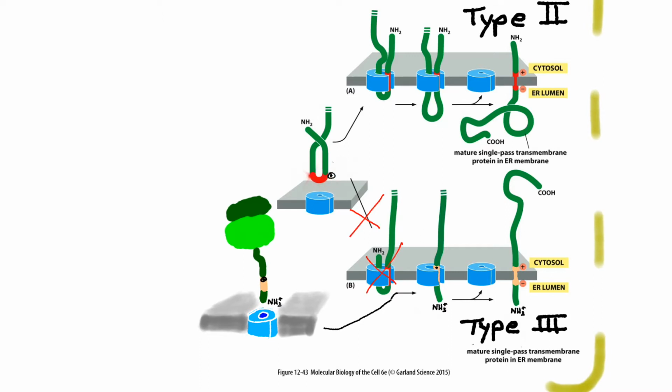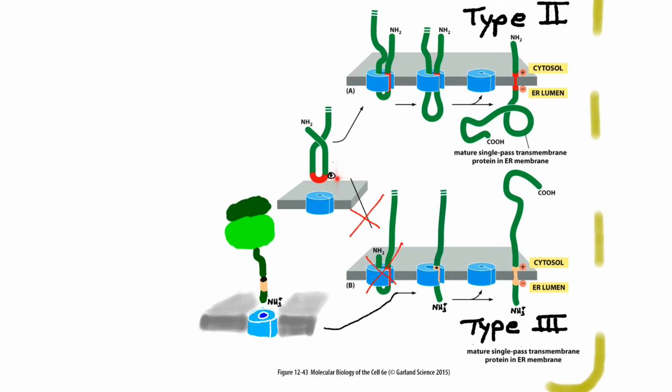But what you're going to have is a signal anchor sequence somewhere in that nascent chain in order to make a type 2 single pass protein. Single pass means that there's only one signal anchor present in the case of type 2s.